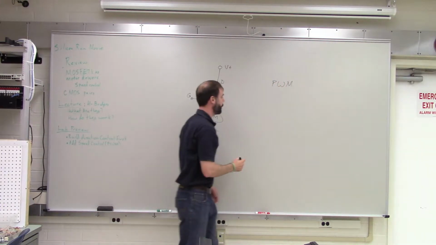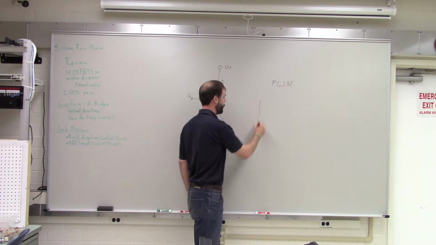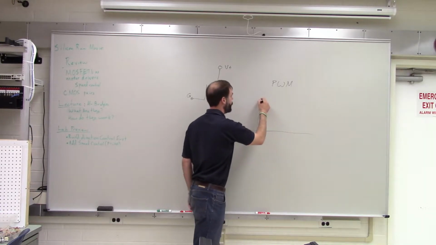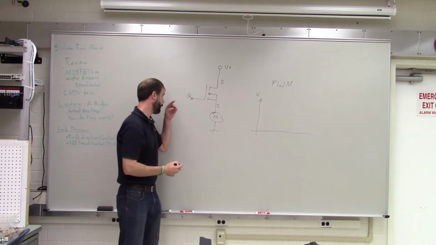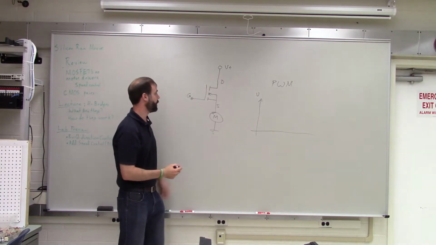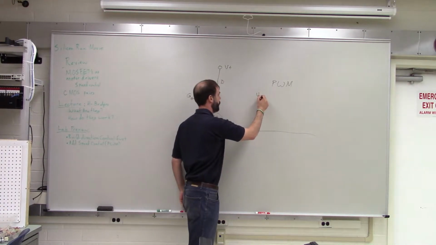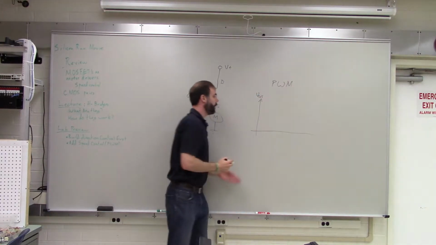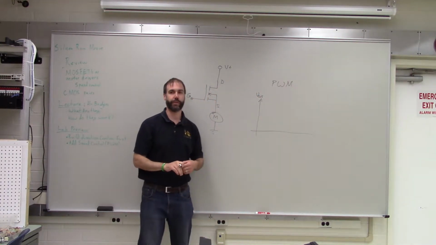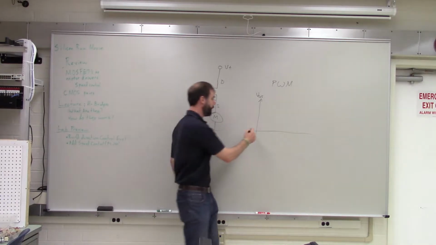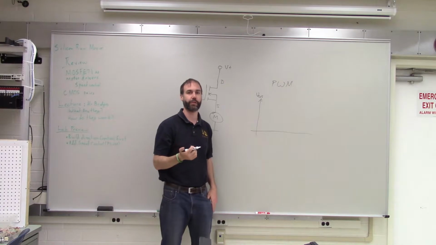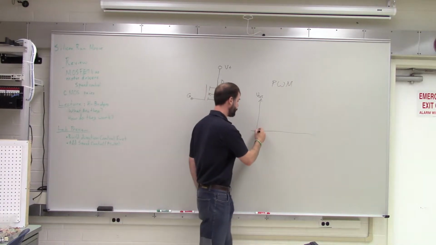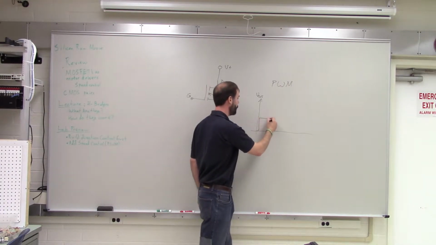So we said that PWM was this strategy for changing the voltage between the gate and the source. And we were creating a series of pulses in that voltage, right? And what we did is we said we could vary the size of those pulses or the duration of those pulses. So those pulses could be on most of the time and off for just a little while.